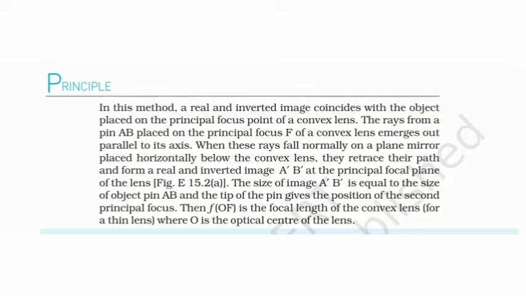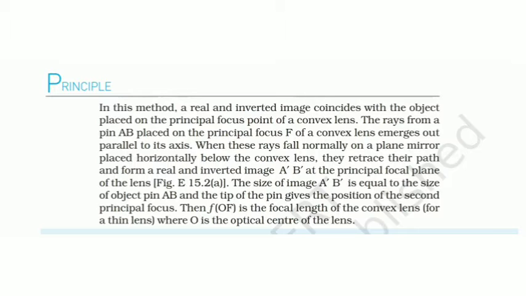In this method, a real and inverted image coincides with the object placed on the principal focus point of a convex lens. The rays from a pin placed on the principal focus of a convex lens emerge out parallel to its axis.